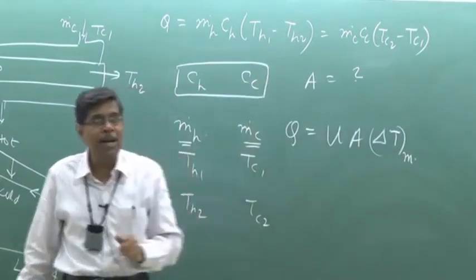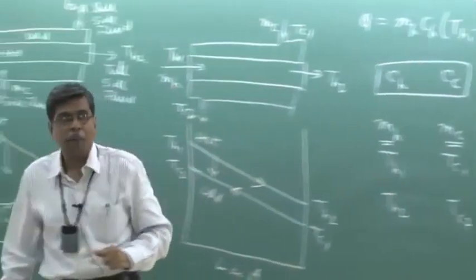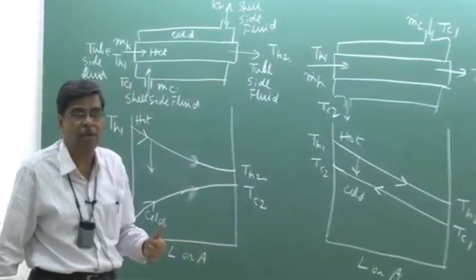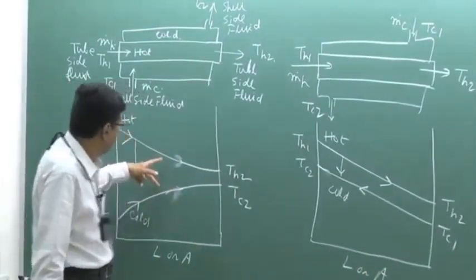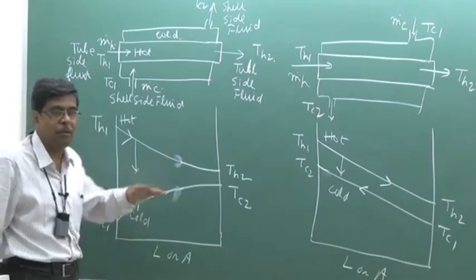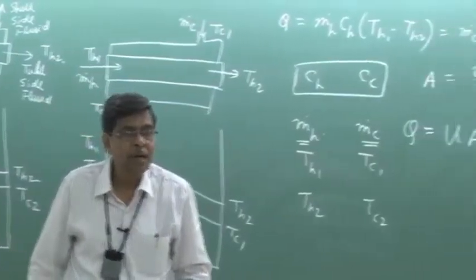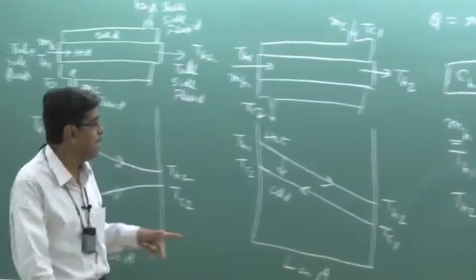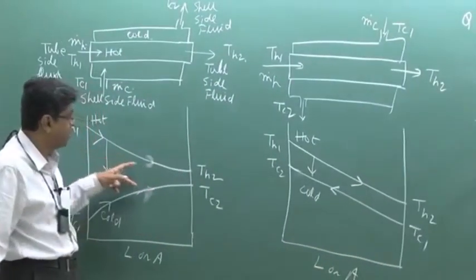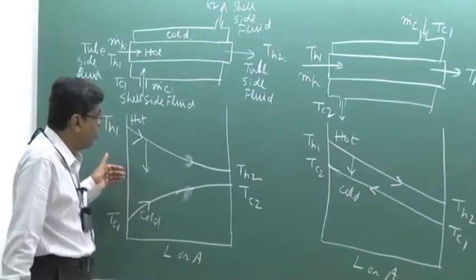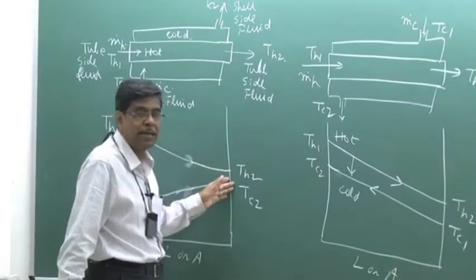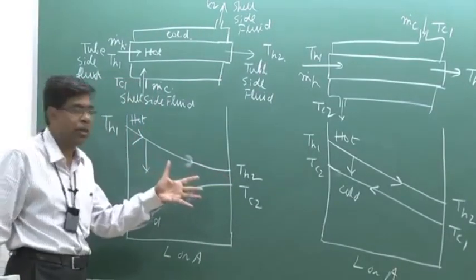But the only difficulty here compared to a simple convection problem, as we have done in the class, is this temperature difference. Sometimes we have seen the flat plate, free stream, all are constant temperature along the flow. But here this delta T responsible for heat transfer changes from one section to other section. Here it is inlet and outlet because both are flowing in the same direction.